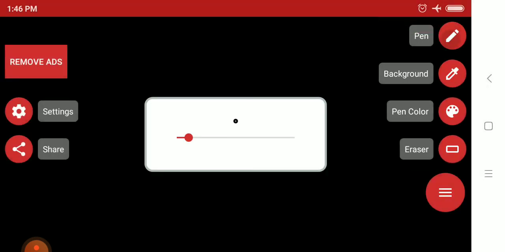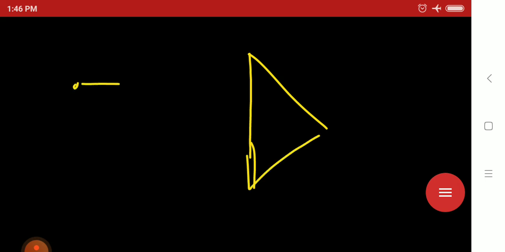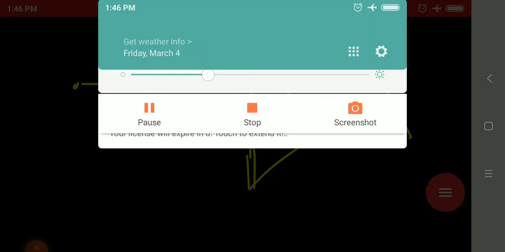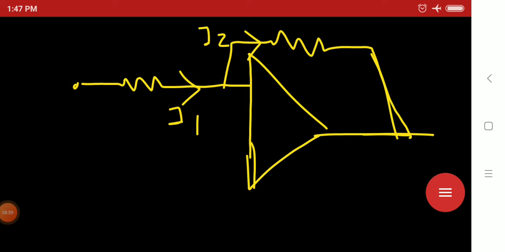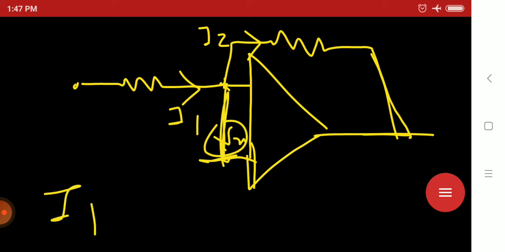Just use KCL. So I'm again drawing only this part for making you understand. Here I1, here I2. Here Vx is at this point, so same voltage. So from here we can say I1 equals I2.